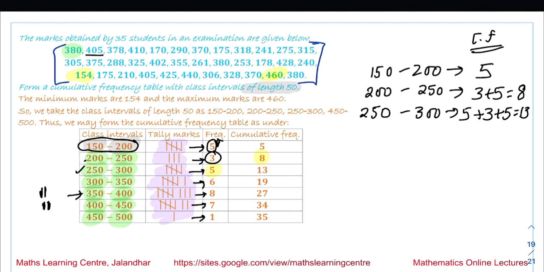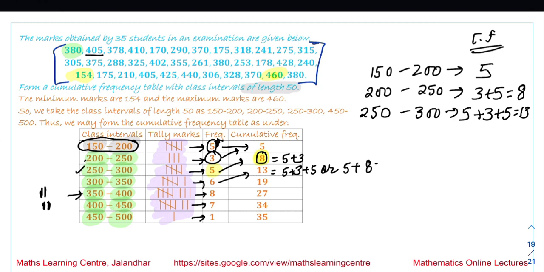So cumulative frequency means, this is just 5. Then the next step is 5 plus 3, and we obtain 8. Then 5 plus 3 plus 5, or equivalently, this frequency is 5 and the previous cumulative frequency is 8, so the cumulative frequency is 5 plus 8.